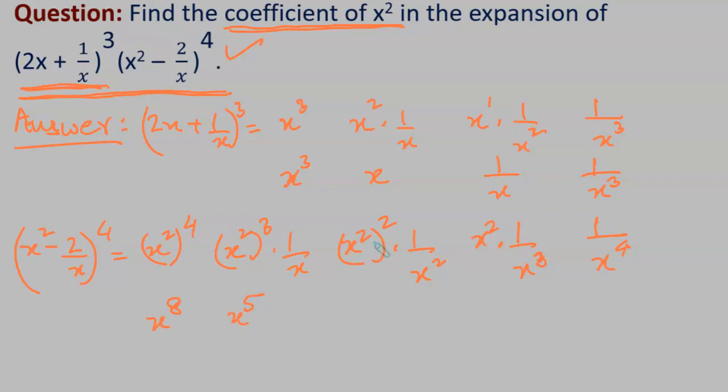This is x to the power of 4 and divided by x squared. So, it is x to the power of 2. This one is x squared and 1 over x to the power of 3. So, it is 1 over x. And finally, you have 1 over x to the power of 4.